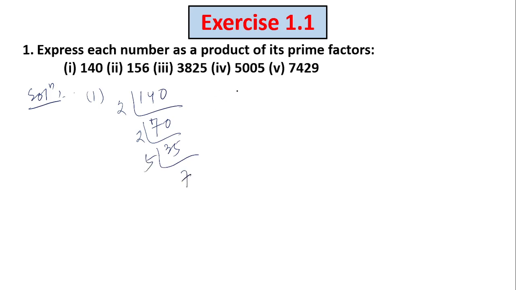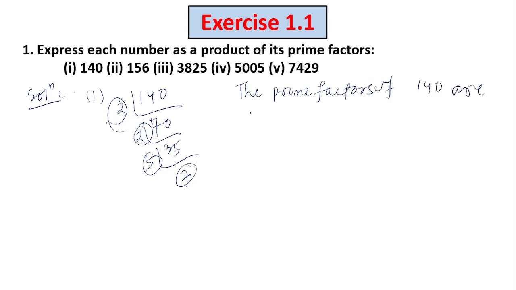Then what are the prime factors? Prime factors 2, 2, 5, and 7. So we can write the prime factors of 140 are 2, 5, and 7.